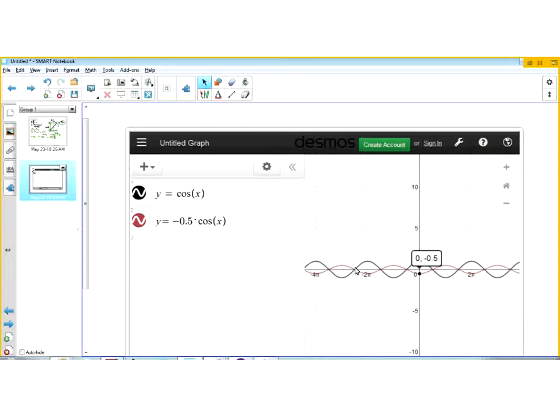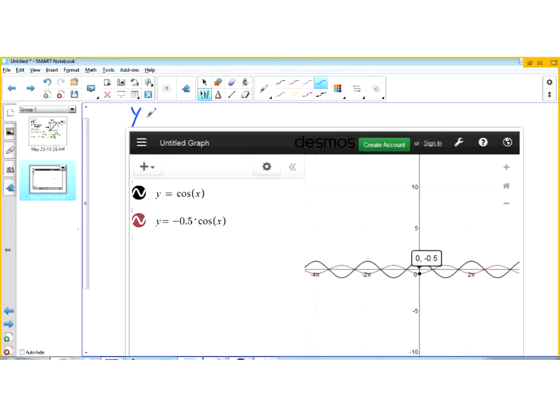Let me see what else. Oh, okay, one note, the amplitude. Let's consider this red curve. Even though we multiplied it by -5, the amplitude is still essentially the absolute value of this coefficient. So, for instance, let me clarify.